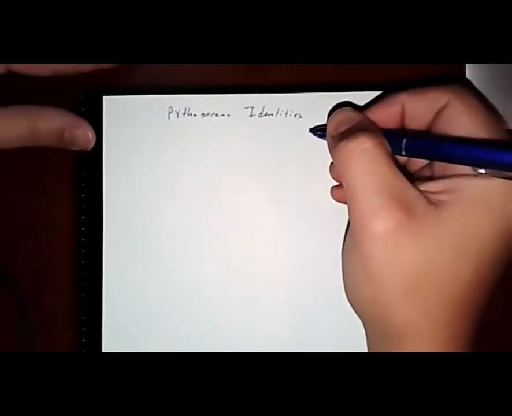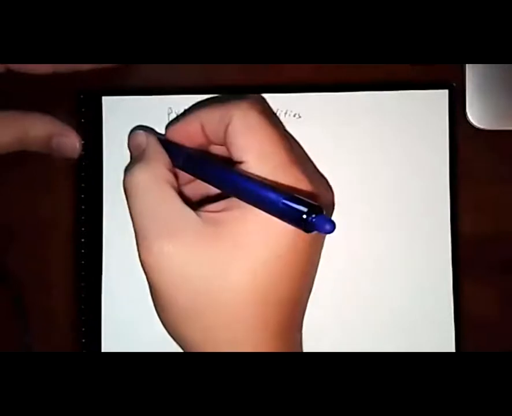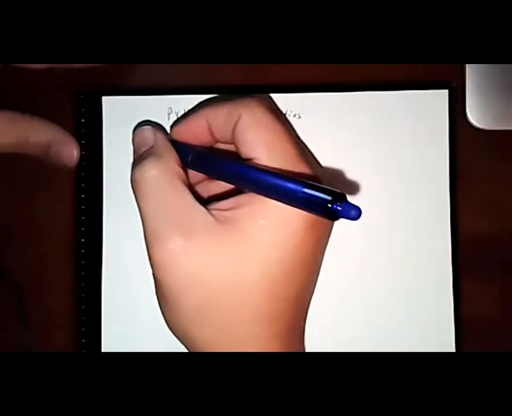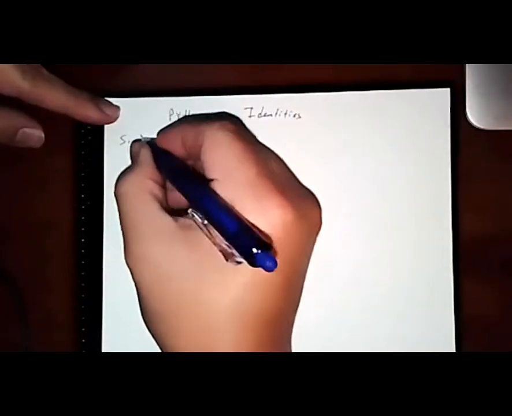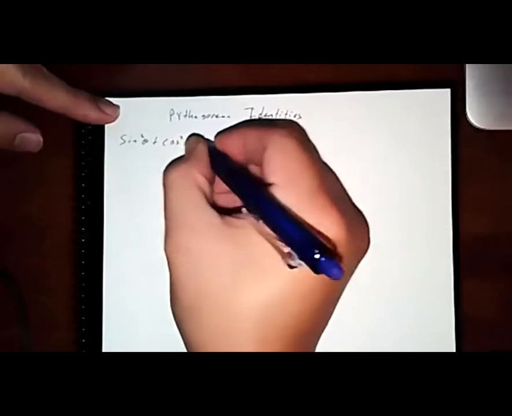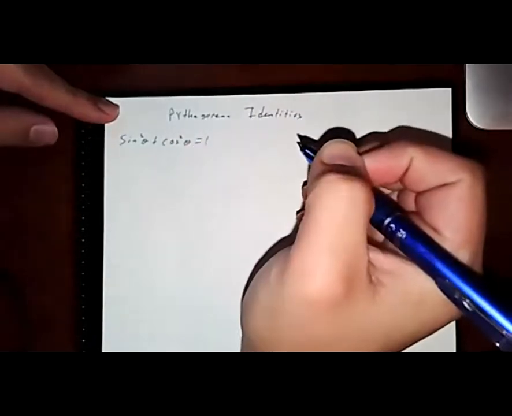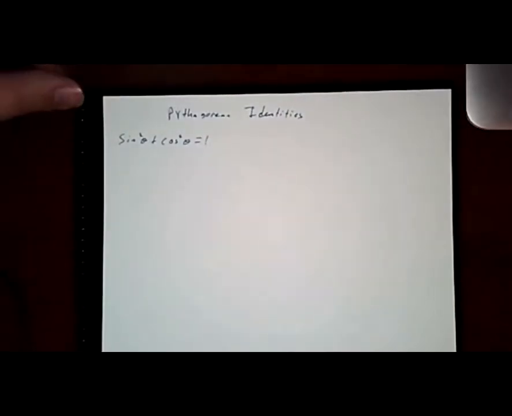So these are the original three that you need. Sine squared theta plus cosine squared theta is equal to 1. It's the most important one because you can derive all 9 of them using this one.